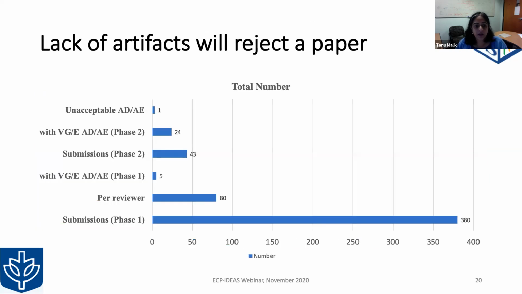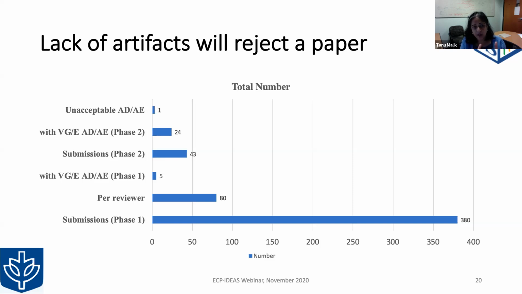So Supercomputing had, as we can see at the bottom, 380 submissions, and each reviewer, like a person like me, got about 80 submissions to review. A lot of submissions to review. And Supercomputing had two phases for reviewing.